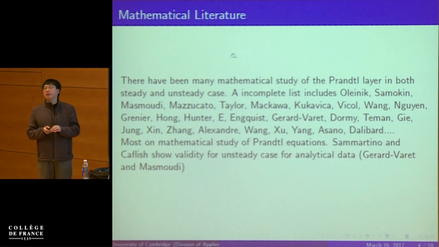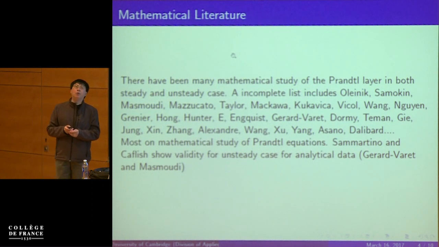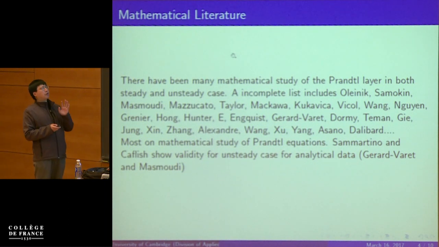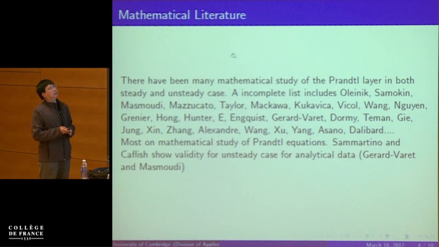So we want to focus on the steady flow. This is the first reason. The second reason is, of course, because we want to stick to the original Prandtl setup. The Prandtl theory was within the steady flow. So we want to study the steady flow.